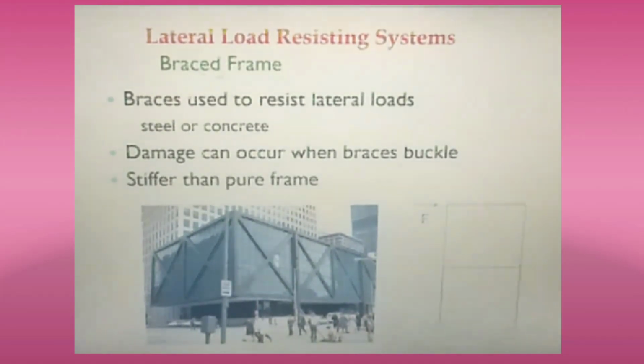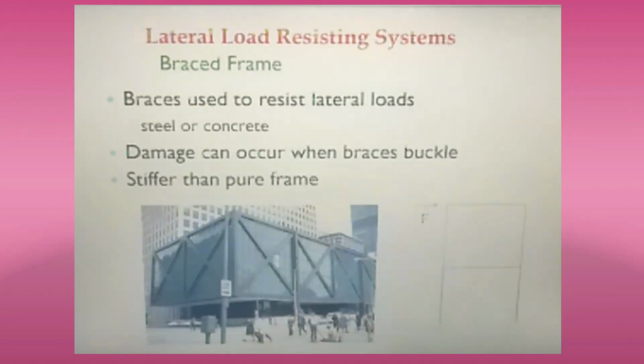Next, braces used to resist lateral loads may be of steel or concrete. Here in the picture, the photo is showing you braced frame structures. Here also you can see total diagonals in the form of X. The bracings are given here, in the shape of an inverted V, you can say.